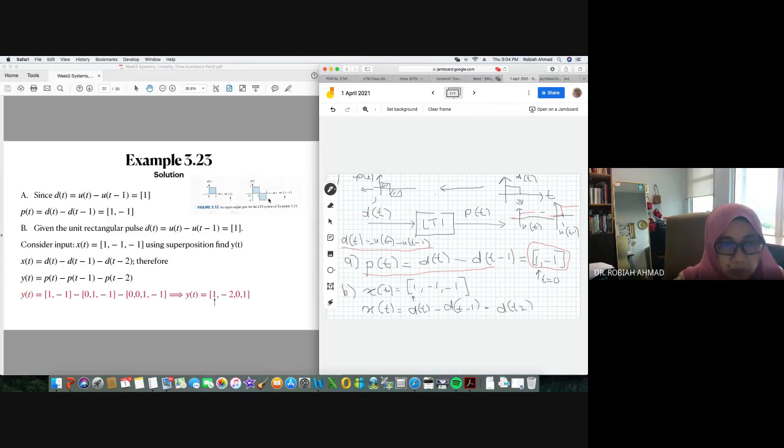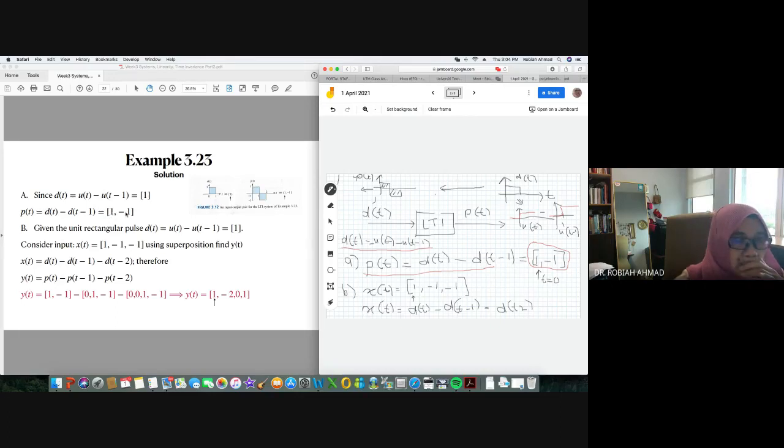Which, if represented by d(t), not u(t), is 1 minus 1. It refers back to the superposition. So if we write it as an equation in terms of brackets, it is 1 minus 1. The 1 here refers to time equal to 0, this one at time equal to 1.